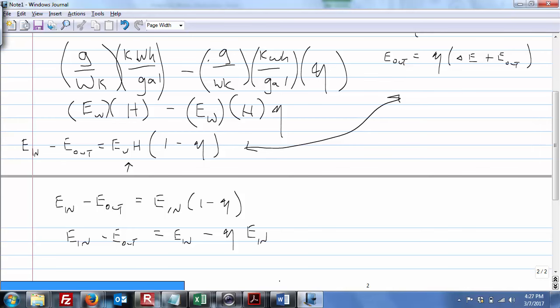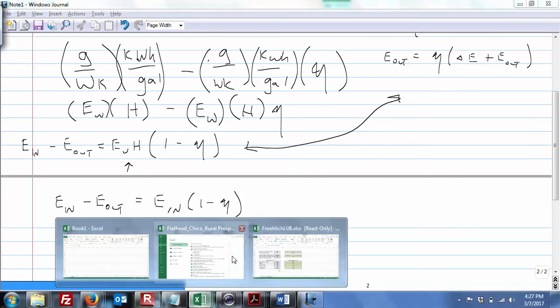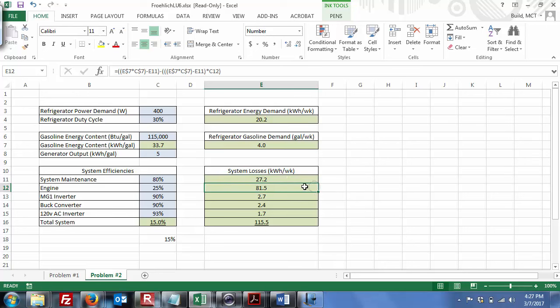So just to focus back where we were, we're looking at this efficiency. We've got the E7, which is how many kilowatt hours per gallon, and we're going to multiply that by C7.